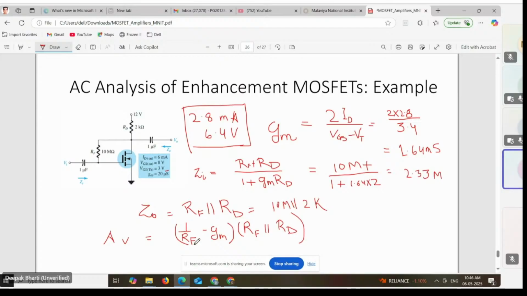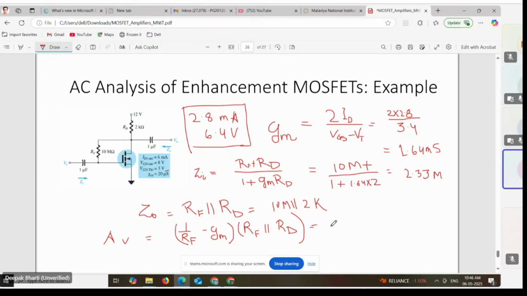So 1 by RF term is 1 by 10 mega ohm. So that will be quite small. So we can ignore this 1 by RF term because it is a very small quantity. So it is roughly equal to 1.64 is the GM and RF parallel RD is, if I roughly calculate, around 3.